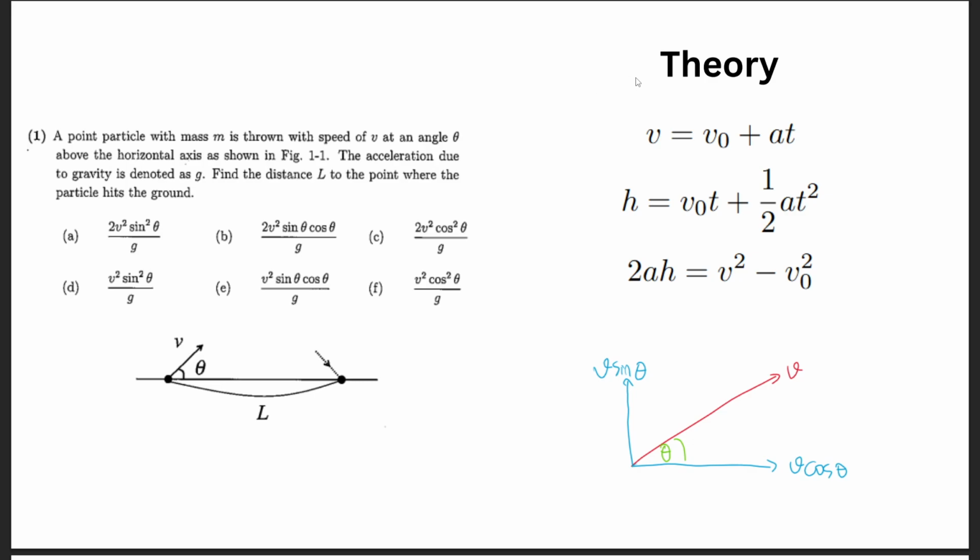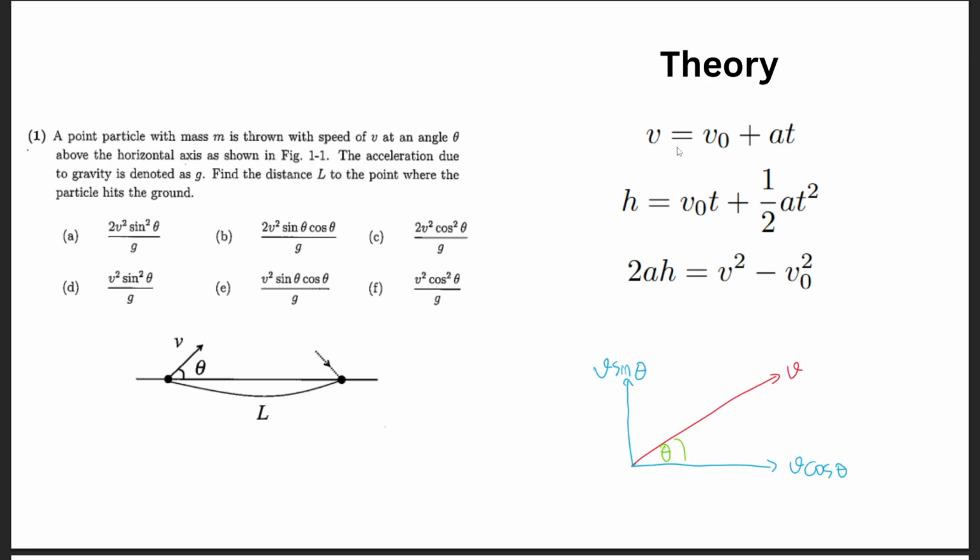So what you have to know to solve this problem is these three common equations for kinematics, in the case of when the particle is accelerated by a constant a, so the acceleration is constant.